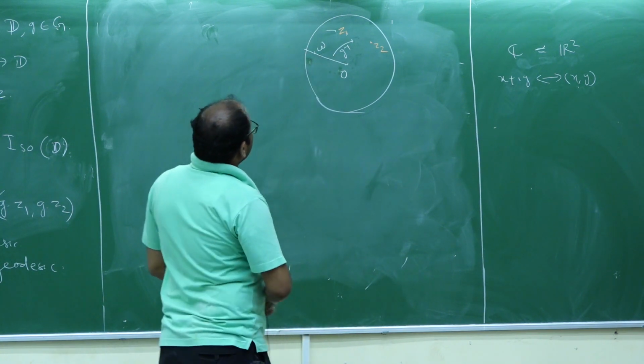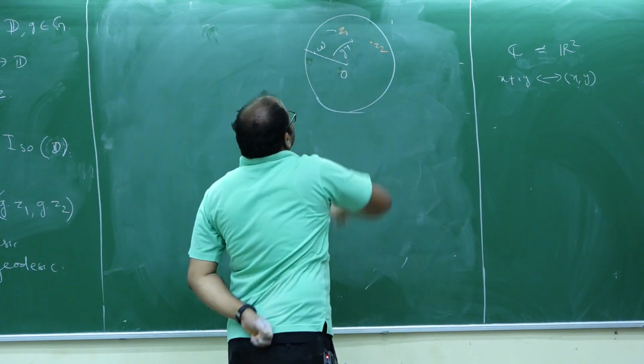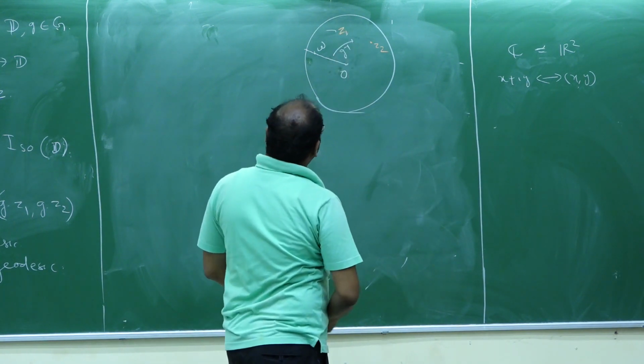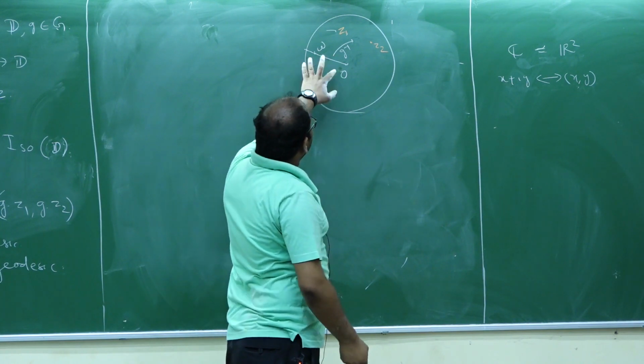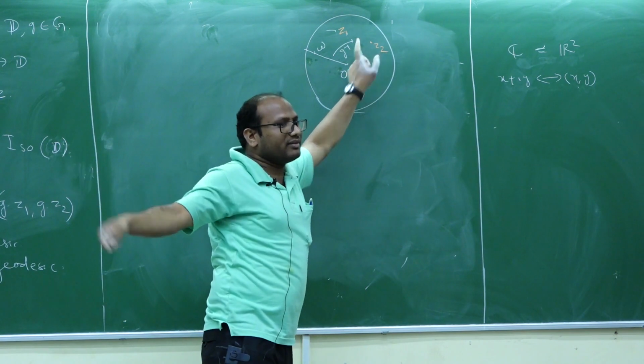So since the geodesic joining Z1 and W is a diameter, the geodesic joining Z1 and Z2 will be the image of it under G inverse, where G is that map.